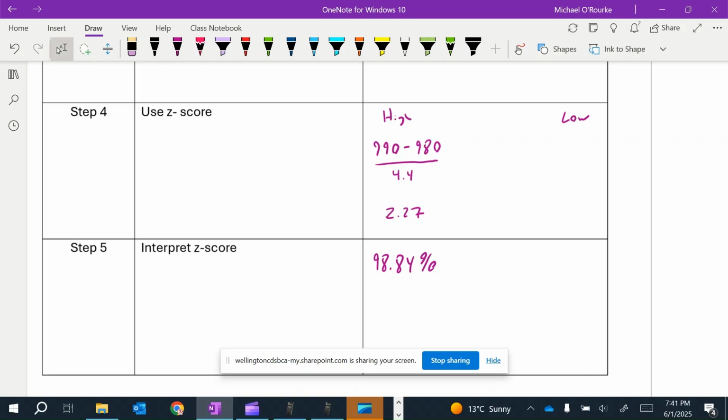Now, one second here. I said 950. I have to change my number to make it a little bit better.